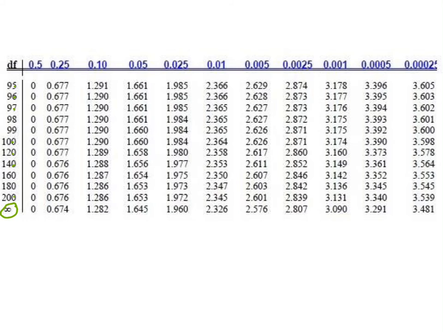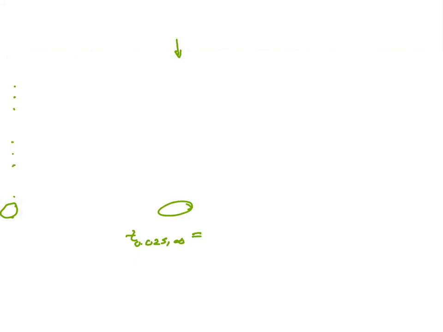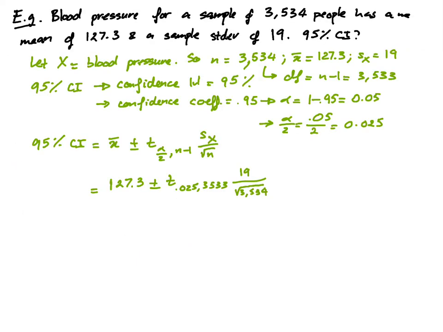Okay, so here we're interested in t sub 0.025 with infinity degrees of freedom. Right, so you would look at this last row, look under column 0.025, and that gives you a t value of 1.96. Okay, so with that t value, you plug it into the formula.